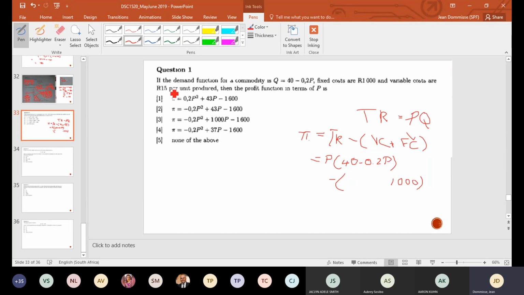And for variable cost of 15 Rand per unit, so 15 Rand per unit, which is Q. Agree, not agree? Sure, so is it this difficult?